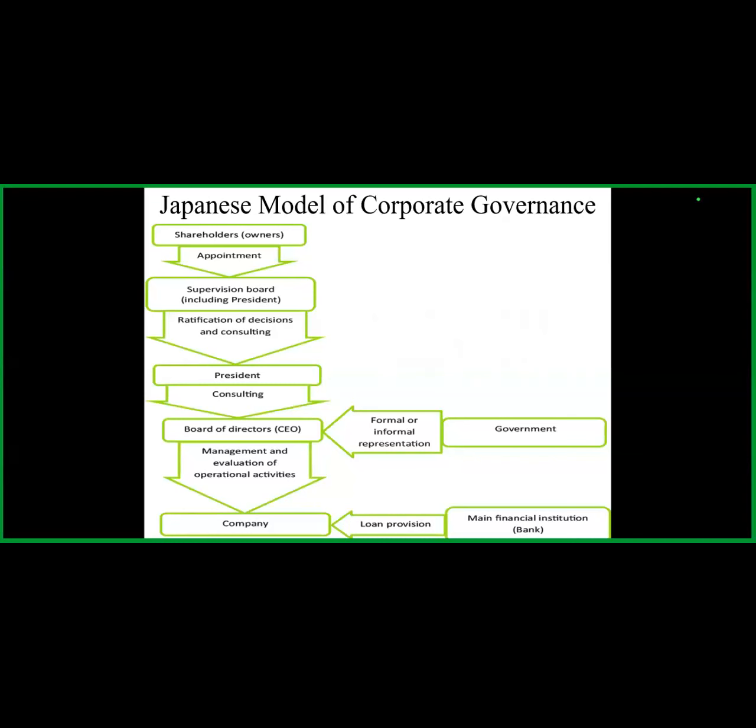So they are very clear: not only managing the day-to-day business activities that are carried out in the organization, but also evaluation of operational activities.